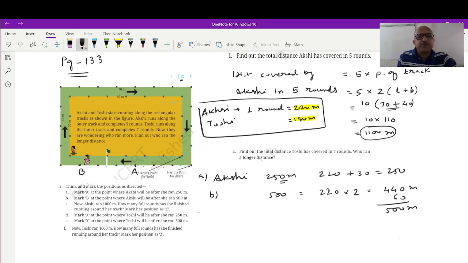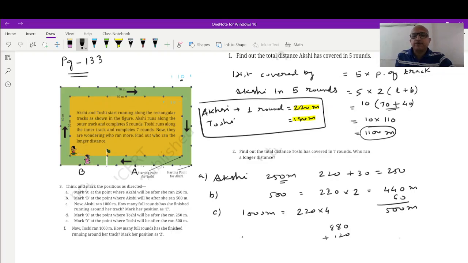Now again for Akshi, right? How much? 1000 meters. So if you are going for 1000, if I am taking by trial and error, let's say by 4. So what am I getting? 4 to the 8, 880. So how much do I need to add? 120, right?